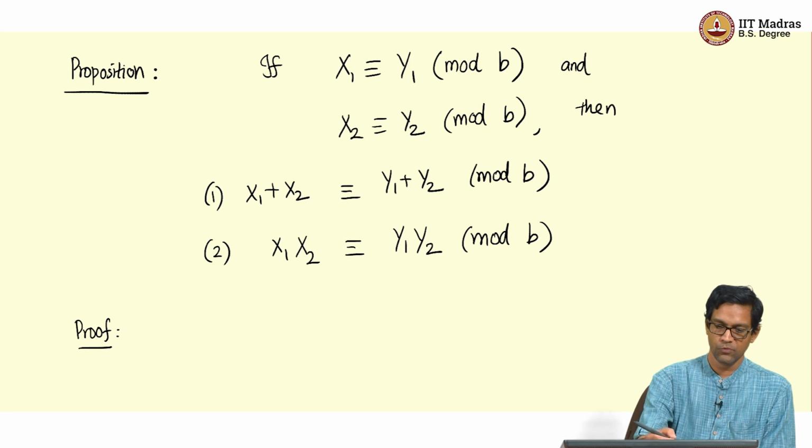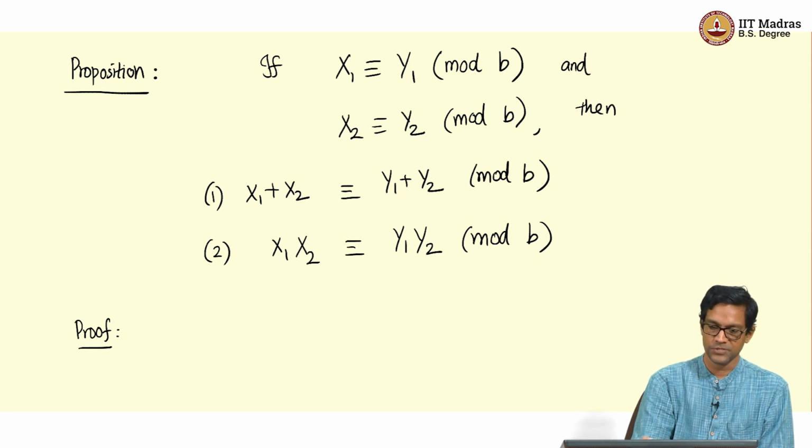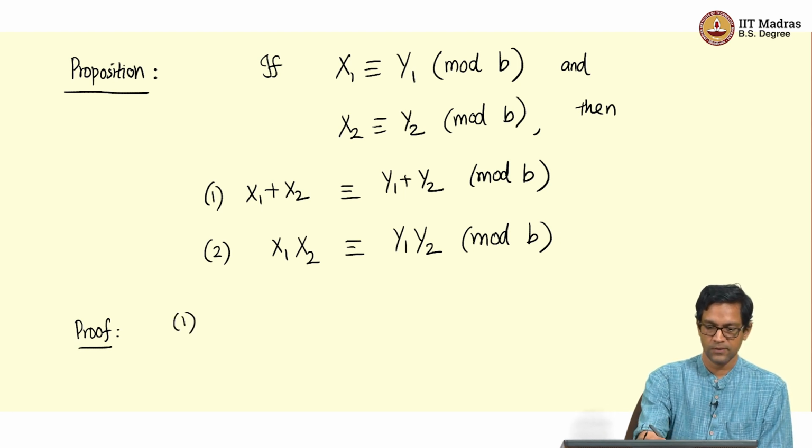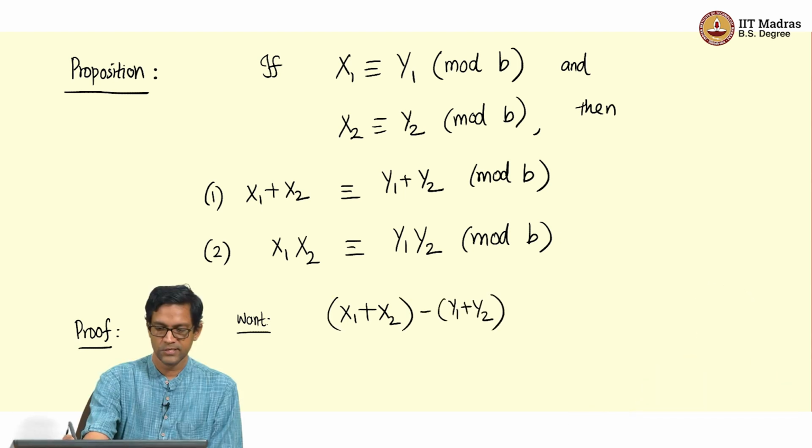So, let us prove this. The proof is just a simple application. For example, we could do it using our lemma. So, what do we want to prove? Let us prove the first statement. So, we want to show, if we use our lemma, that the difference between these two numbers, x1 plus x2 minus y1 plus y2, is a multiple of b.